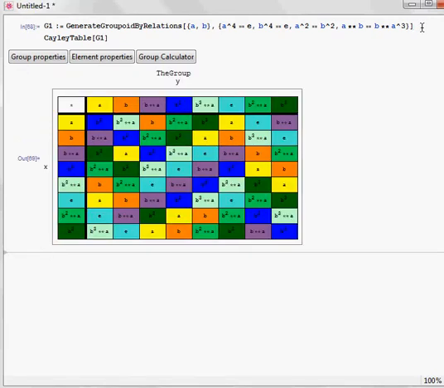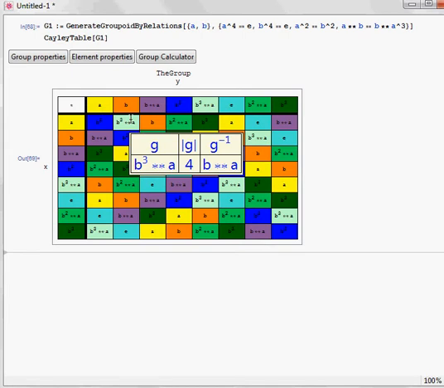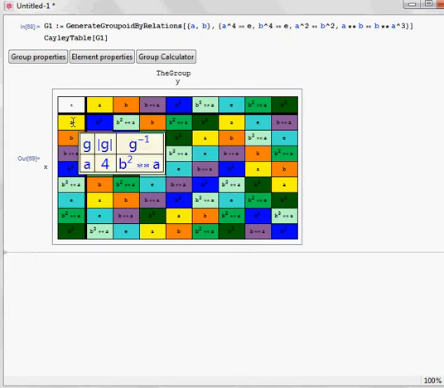It's a group with 8 elements. I don't know if it becomes visible in the video, but A is order 4, and the inverse is B squared times A, and B squared is minus 1.